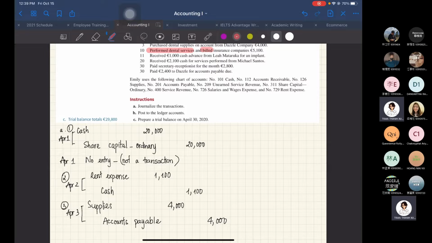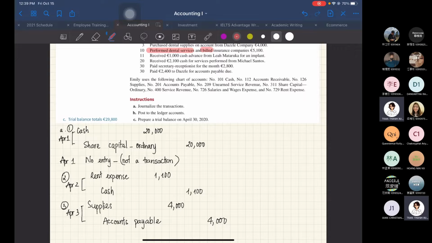Online student, sometimes you also need to pay attention to the terms that they use in the question because they could be confusing, especially for people who are not native English speakers. They perform dental service. This term, pay attention.